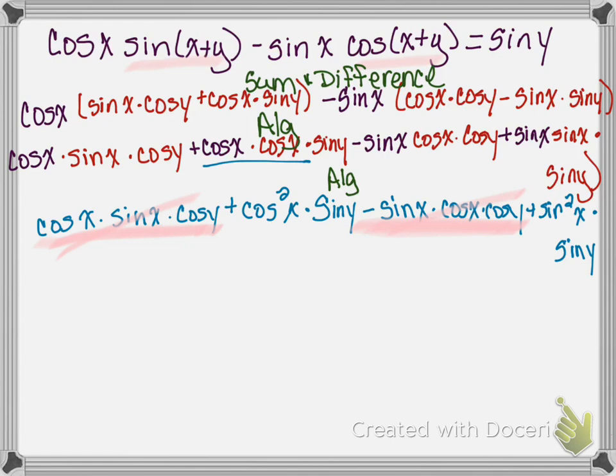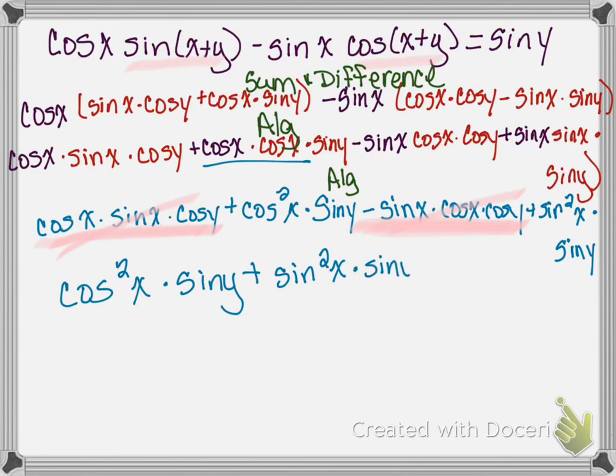So now I'm left with cosine squared of x times sine y plus sine squared of x times sine of y. Again, we distribute out our sine y. I'm left with cosine squared of x plus sine squared of x.